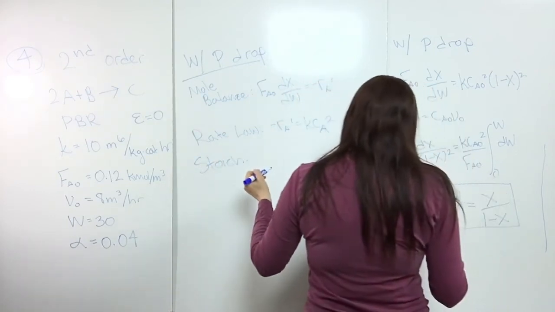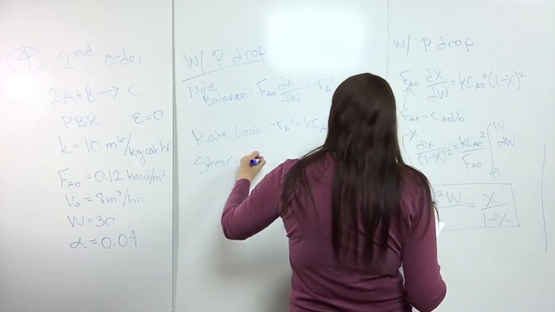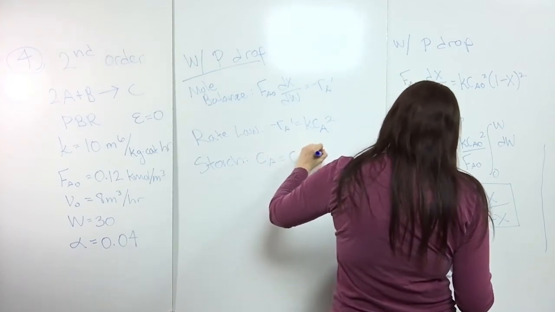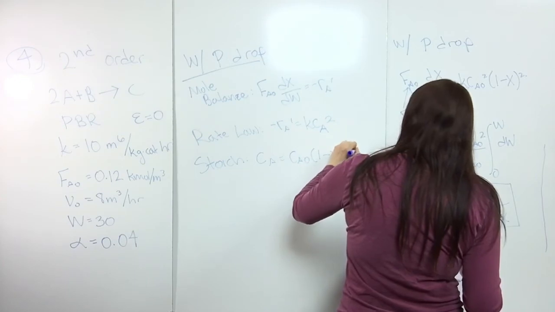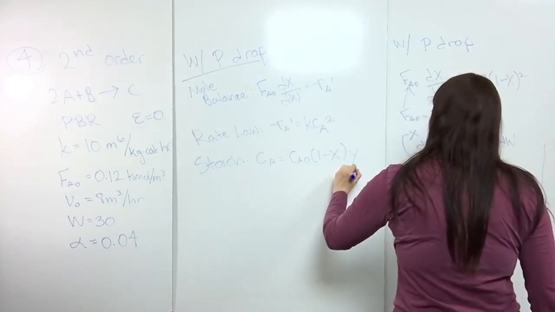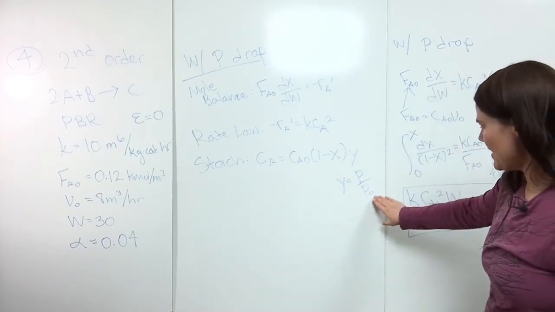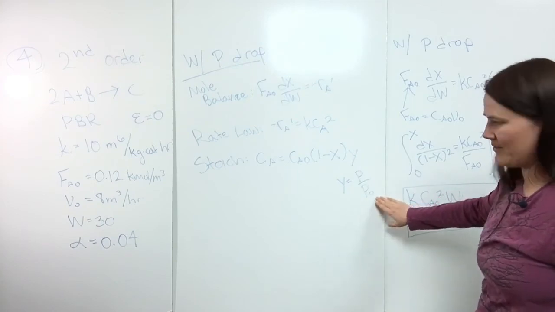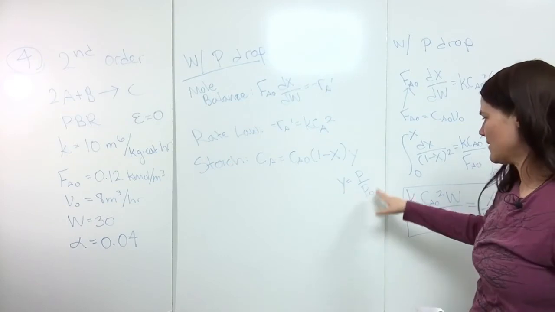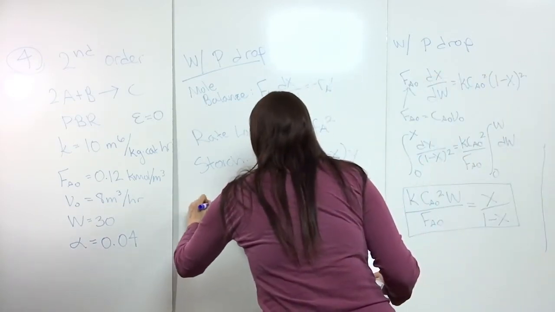So with the pressure drop, we have CA is equal to CA naught times 1 minus x times y. So this is the difference. We multiply this by y, and y is equal to P over P naught. And if you're confused about this, then go back and watch the video I did on pressure drop, because I went through why it's written like that.